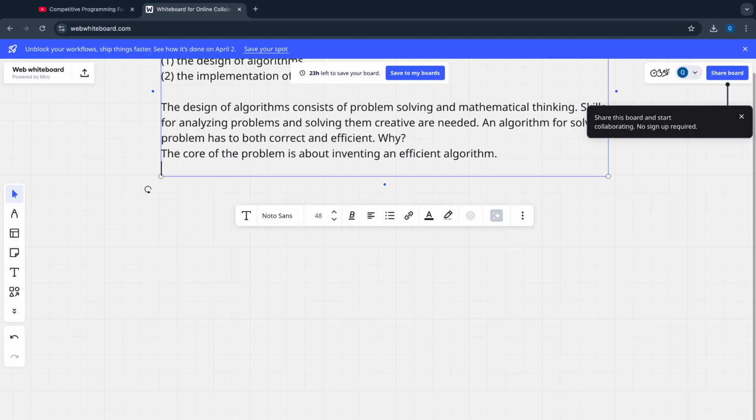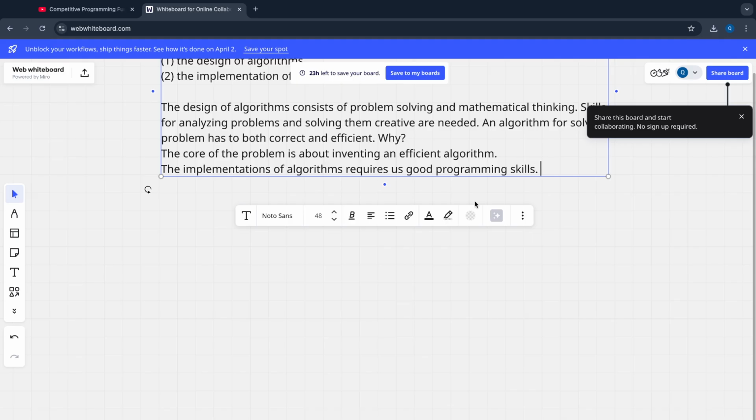The next thing is the implementation of algorithms. It requires us to have good programming skills.